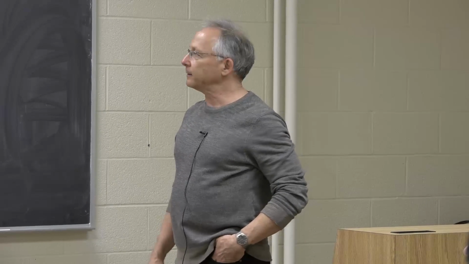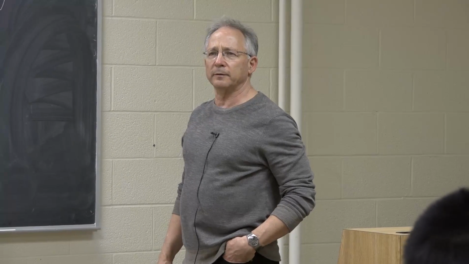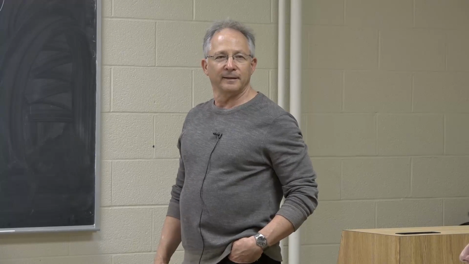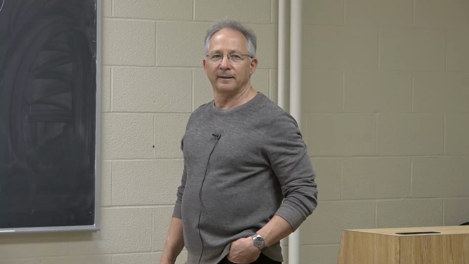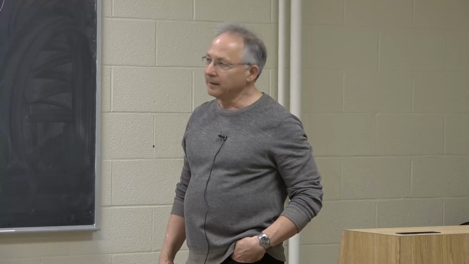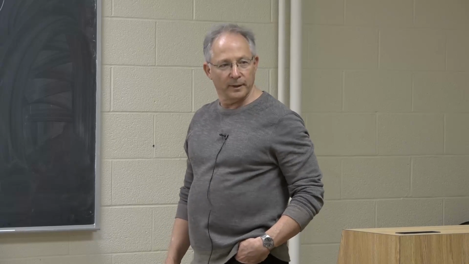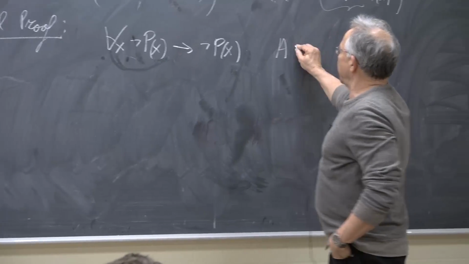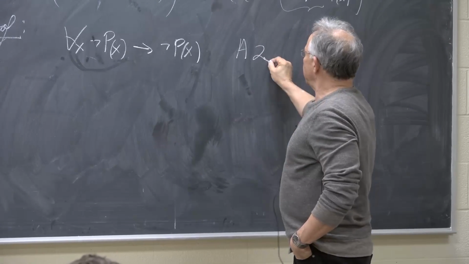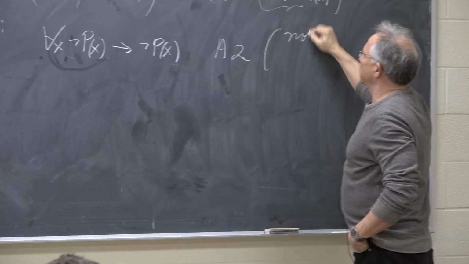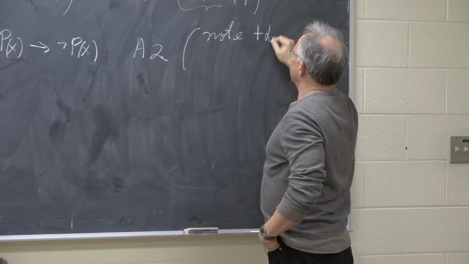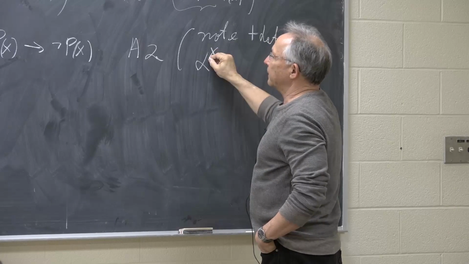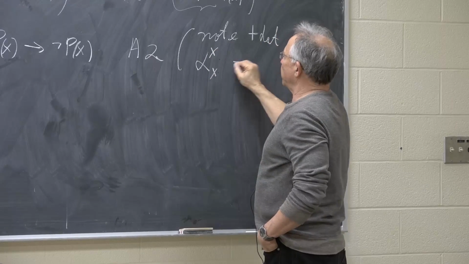Anybody sees which group of axioms it belongs to? Yes, group 2. This is an axiom of type 2, and the reason is that if I take alpha and substitute x for x, what will I get?